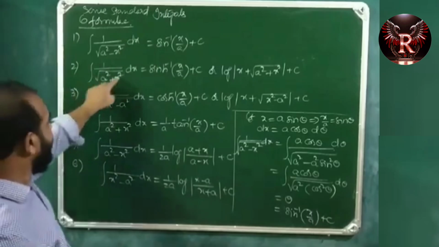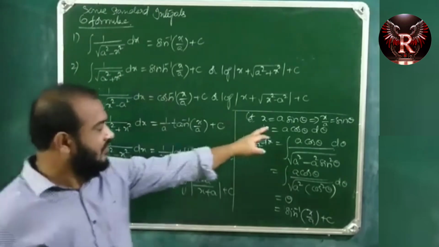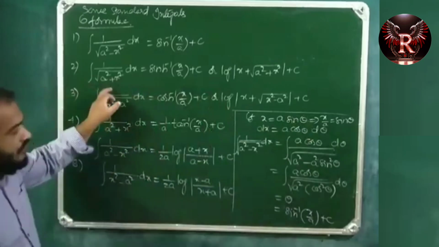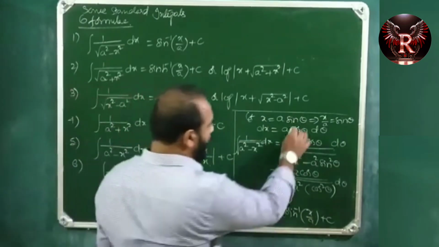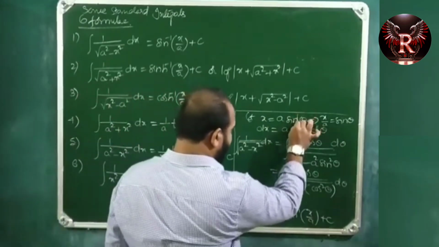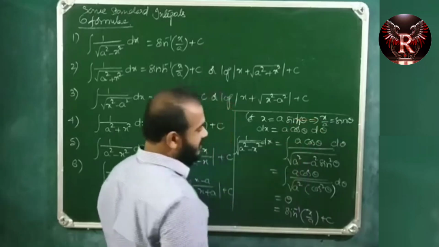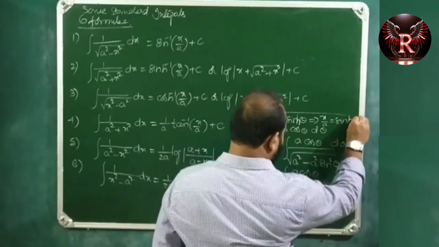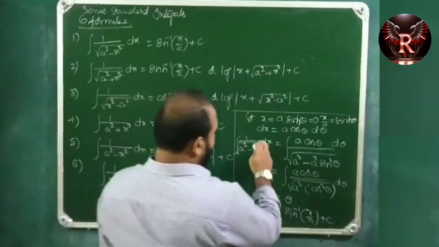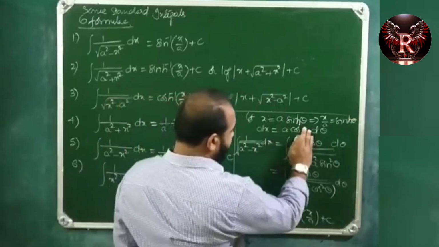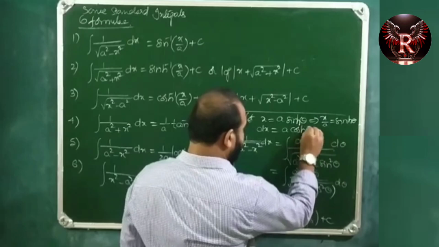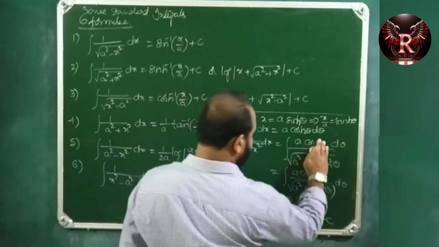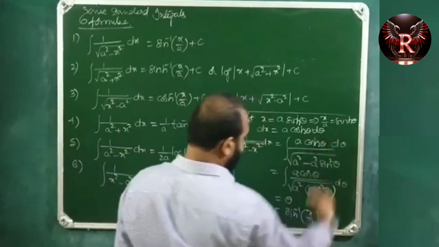Similarly, for 1 by root of a square plus x square dx, take x equal to a sinh theta. So x by a is equal to sinh theta. Now dx is equal to a cosh theta d theta. So this is a cosh theta d theta.